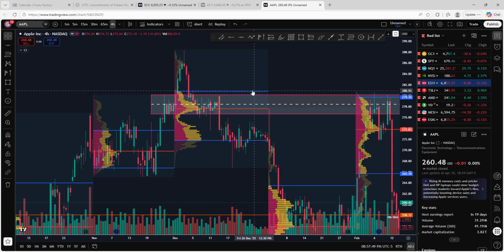For you guys that have been here for a while, you should already know what this is right here. Anybody remember or know what occurred there? Imbalance retest. An imbalance retest. Yes, sir. And those imbalance retests are so key to this whole thing.